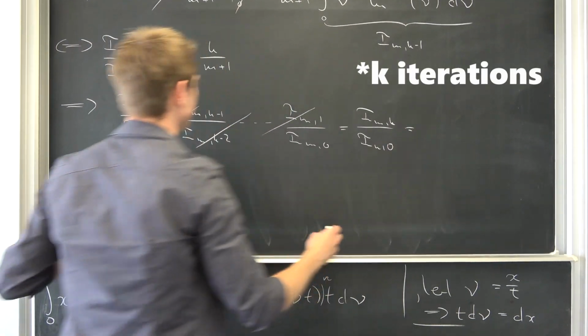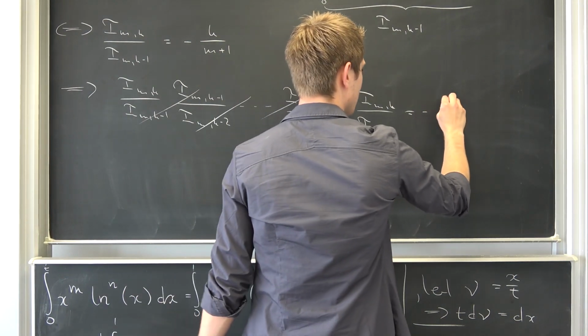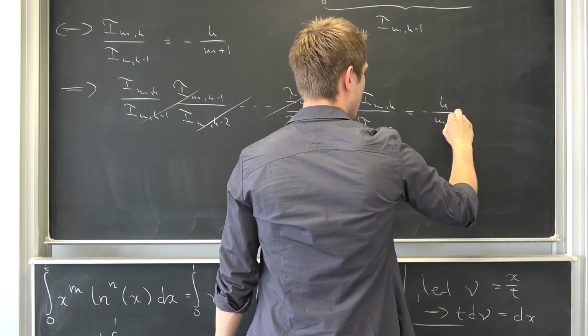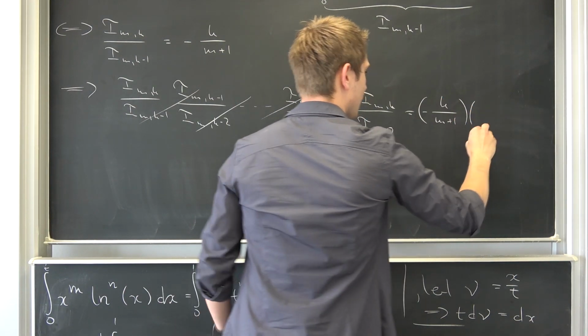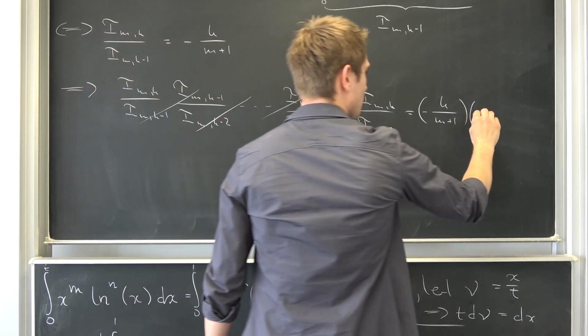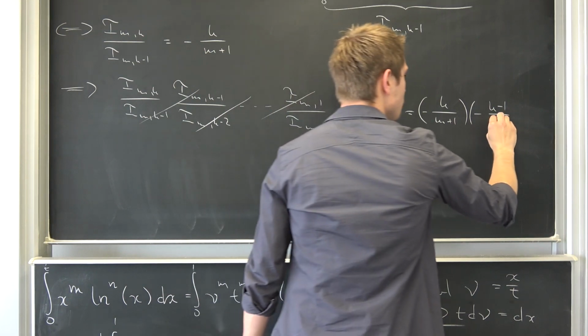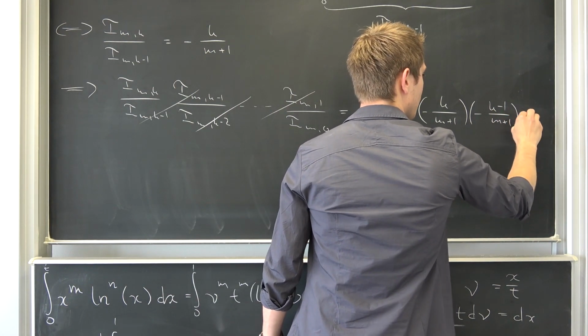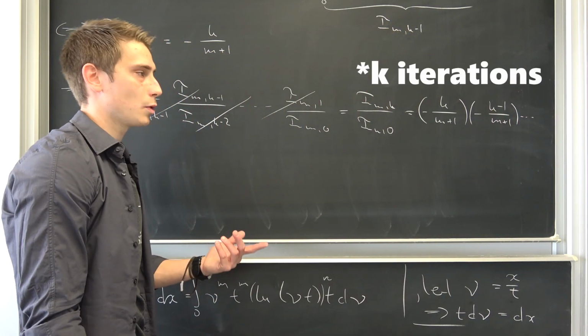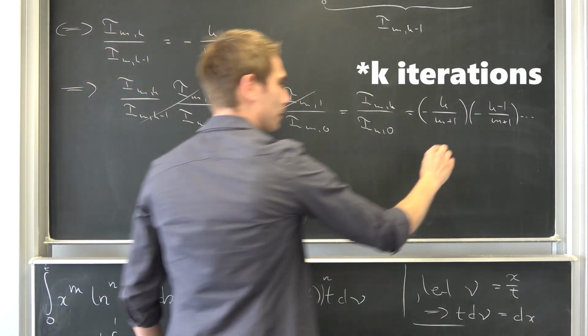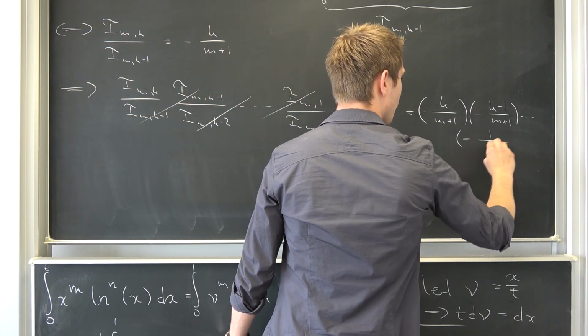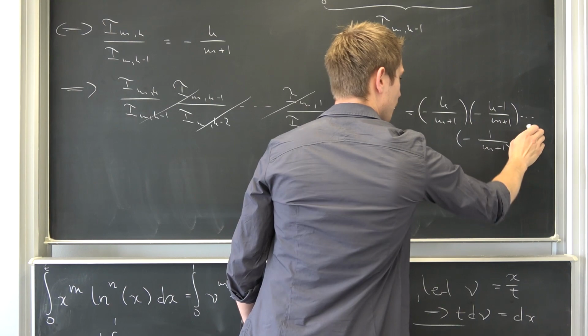Meaning overall, this is negative k over m plus 1 times, like I said before, the next one is negative k minus 1 over m plus 1 is going to be preserved. K minus 1 iterations up until, I'm going to put it here, negative 1 over m plus 1.